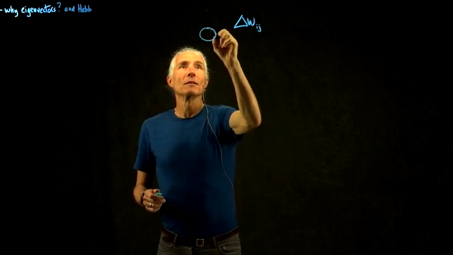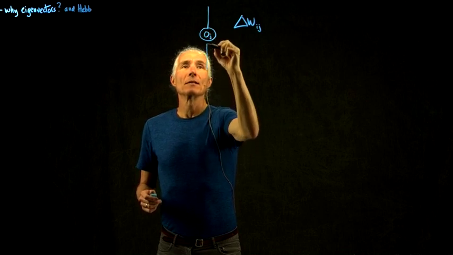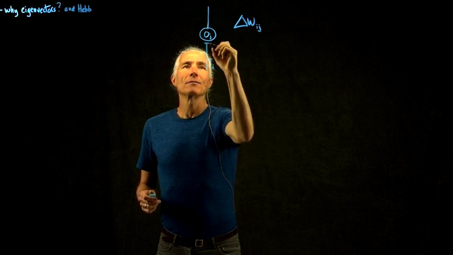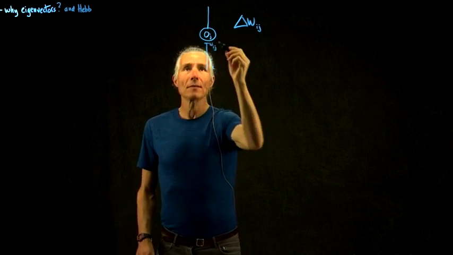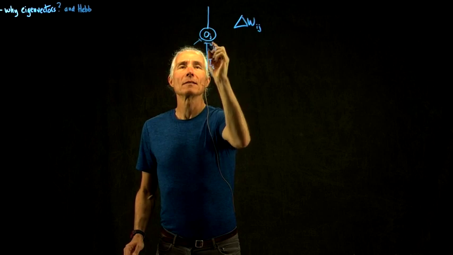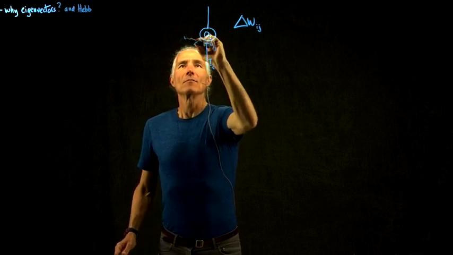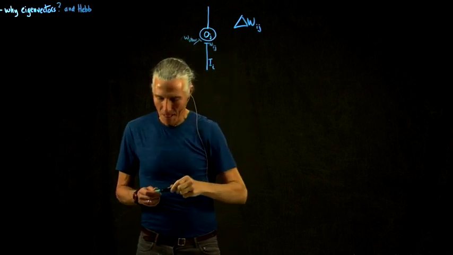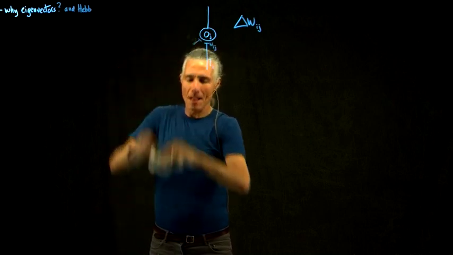So here's the output unit J, and then here's one input unit I, and here's the weight Ij, and then there's another input, and this guy is the weight from other to J. One more time.